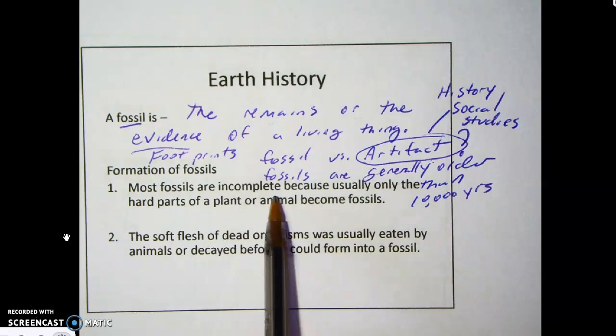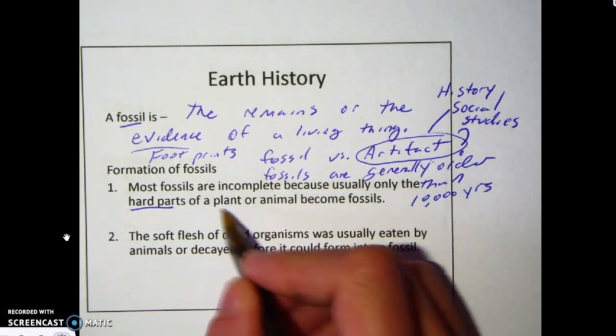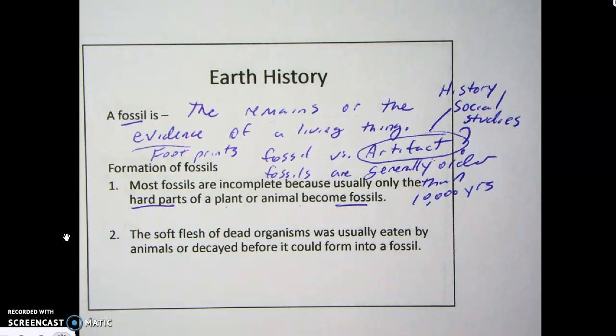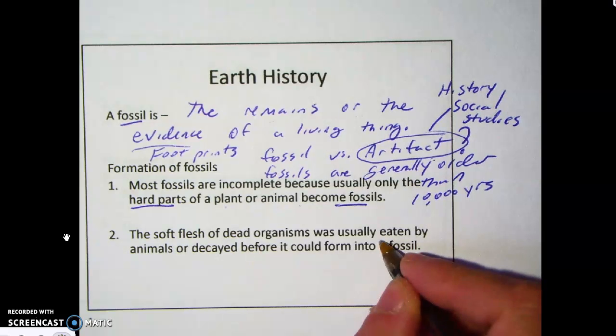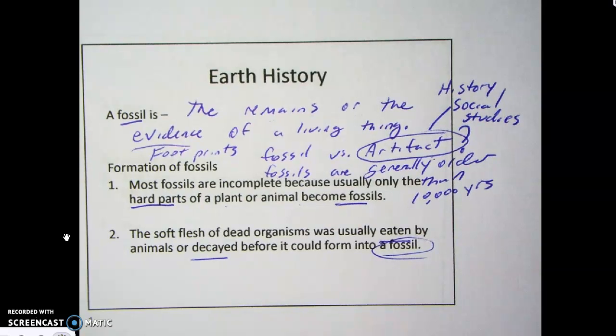Most fossils are incomplete. And one of the basic ideas with fossilization is that typically, usually, only hard parts of plants or animals become fossilized. Usually the soft part of the organism was either eaten or maybe decayed before fossilization occurs.